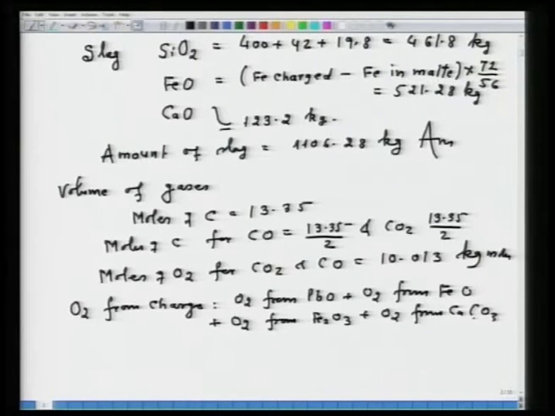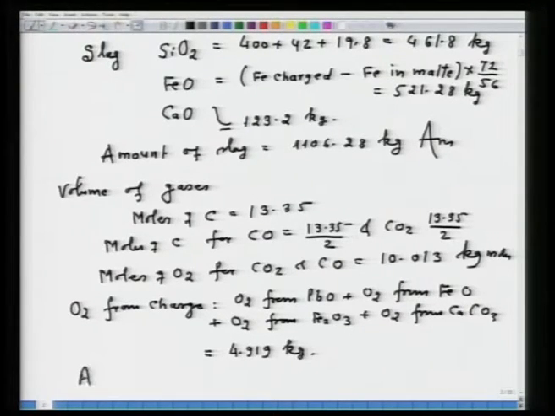If I make all this calculation, then I will get oxygen in the charge, that is 4.919 kg moles. So, oxygen derived from the blast will be 10.013 minus 4.919.